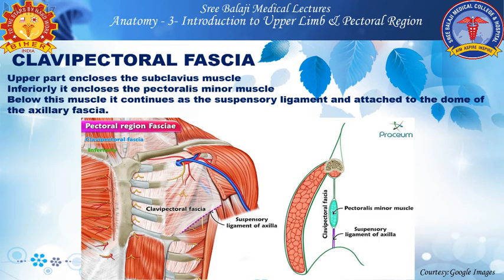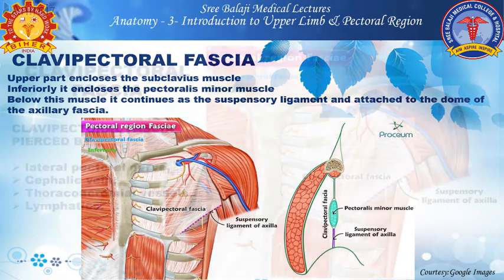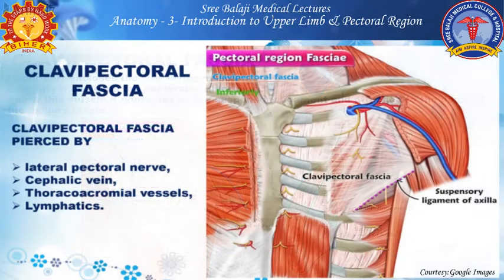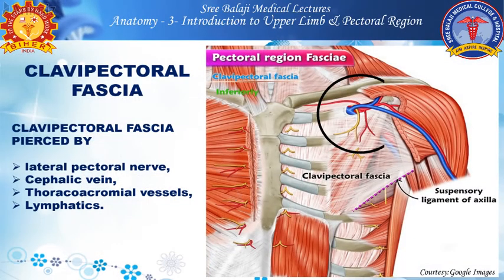The inferior part encloses the pectoralis minor muscle. Below this muscle, it continues as a suspensory ligament attached to the dome of the axillary fascia. The clavipectoral fascia is pierced by the lateral pectoral nerve, cephalic vein, thoracoacromial vessels and lymphatics.